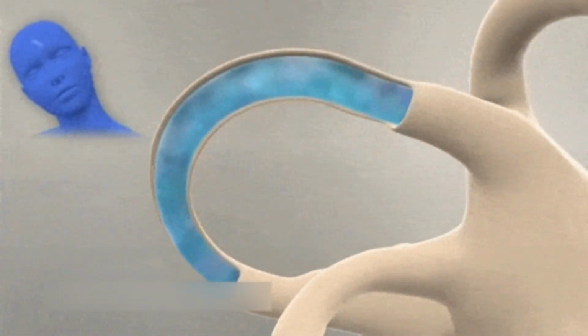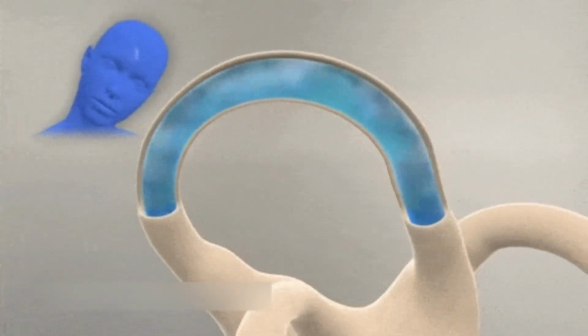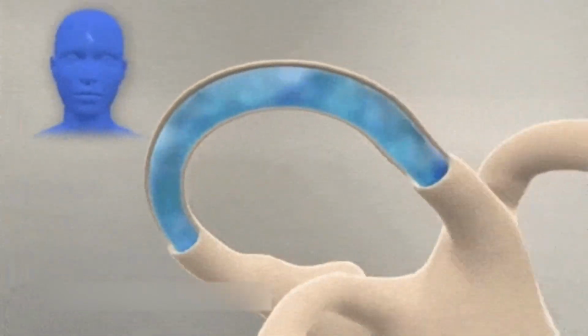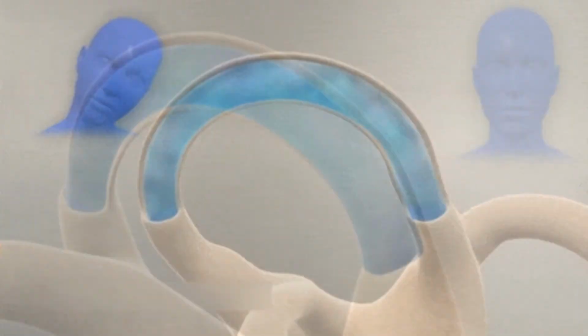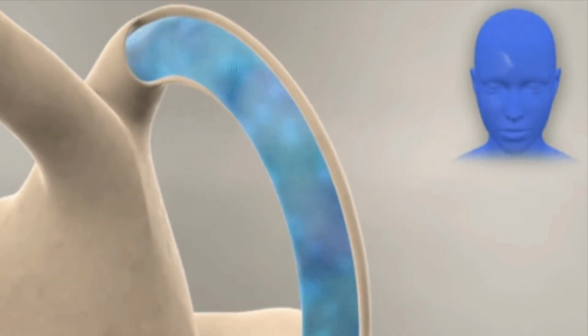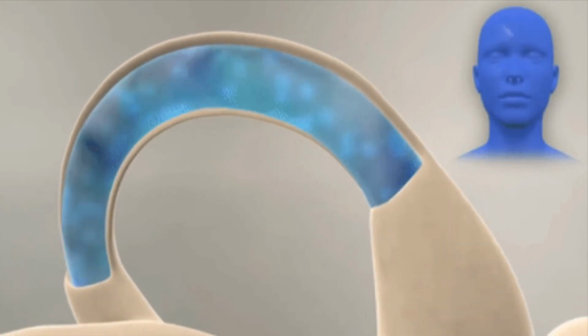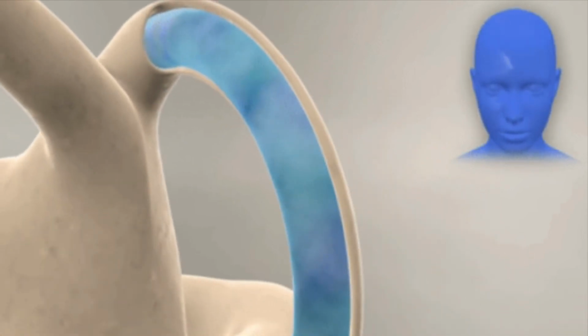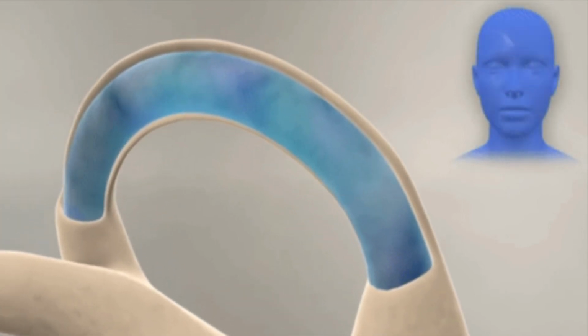This is a video showing how the head movement is related to the movement of the fluid inside our internal ear. According to the movement of the head, there will be stimulation inside our internal ear with the help of movement of fluid inside the inner part of our ear.